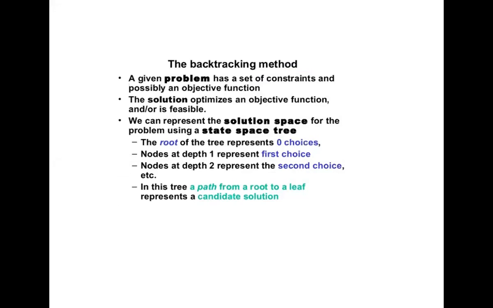So we have to use some tree organization, that is the state space tree. So what is solution space here? All tuples that satisfy the explicit constraints define a possible solution for a particular instance.